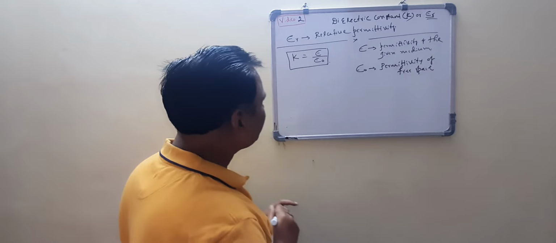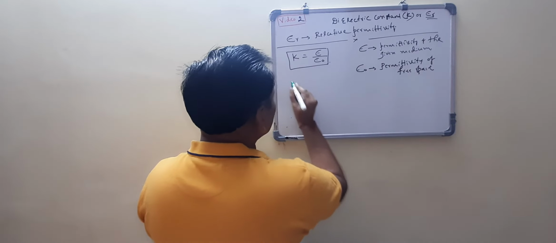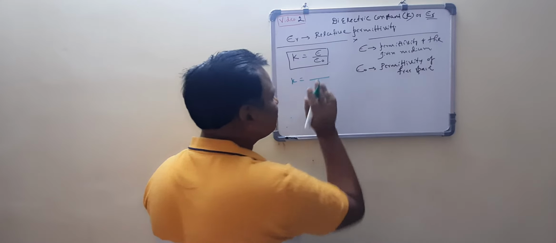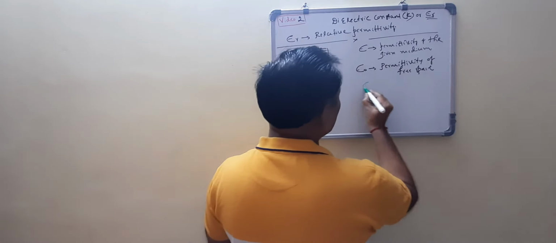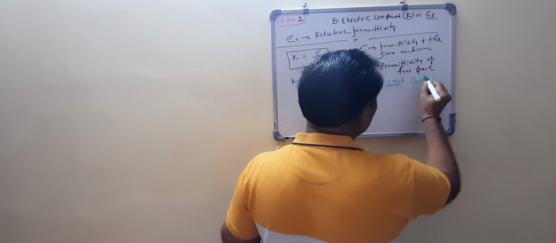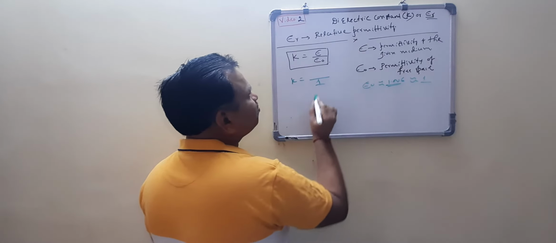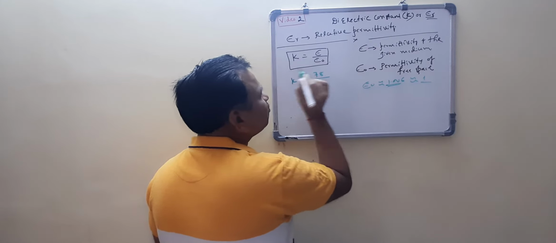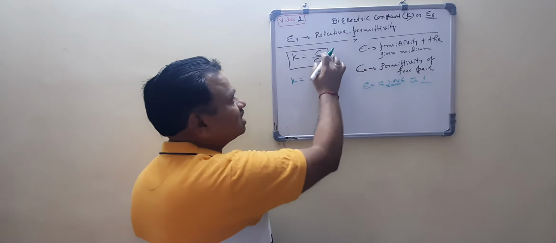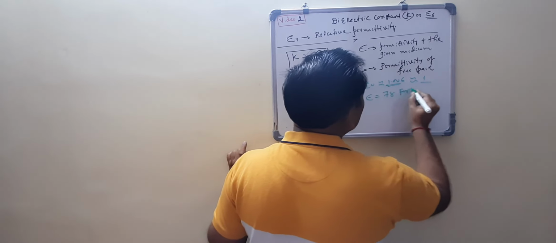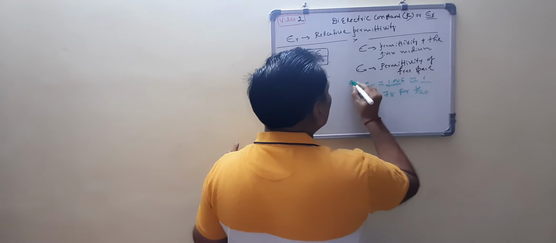Just in order to make you understand, I will tell you, suppose K equal to, suppose this is 1, the permittivity of air, epsilon naught, is 1.006, say that it is 1 value, and the permittivity of water is 78. Epsilon naught equals 78 for water. It is for air.